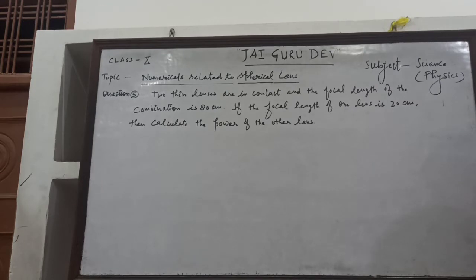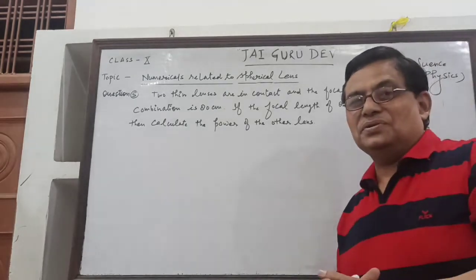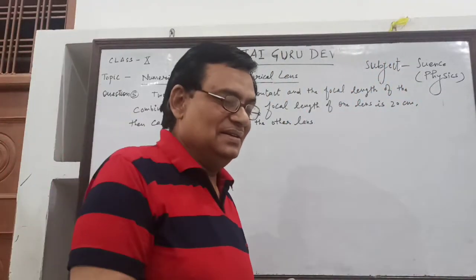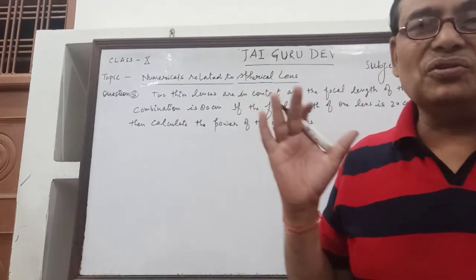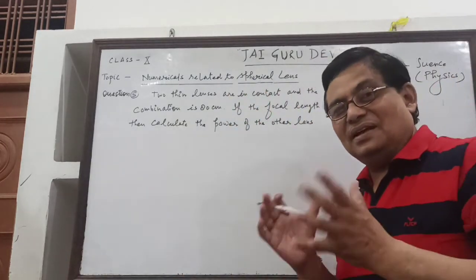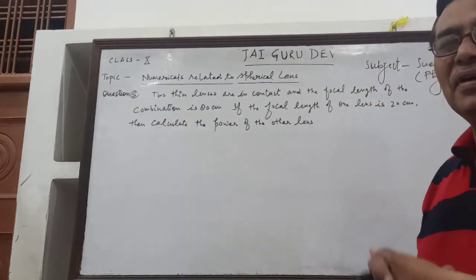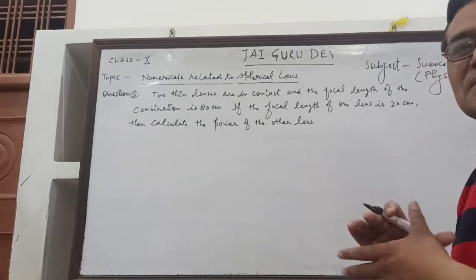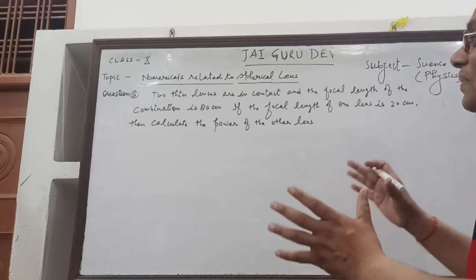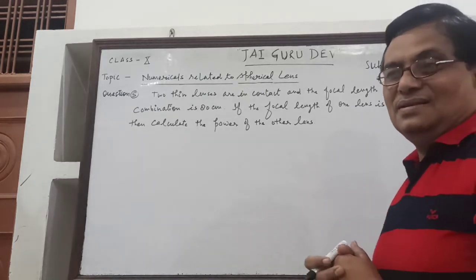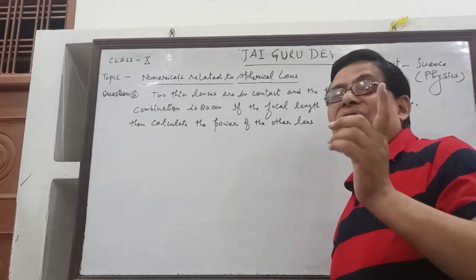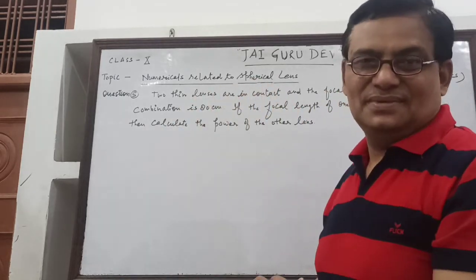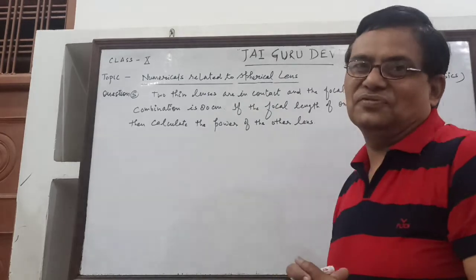If P1, P2, P3 having the power of lenses are kept in contact, then resultant power will be the algebraic sum of individual power of the lenses. That we know, P is equal to P1 plus P2 plus P3 and so on. So we will use this formula here.